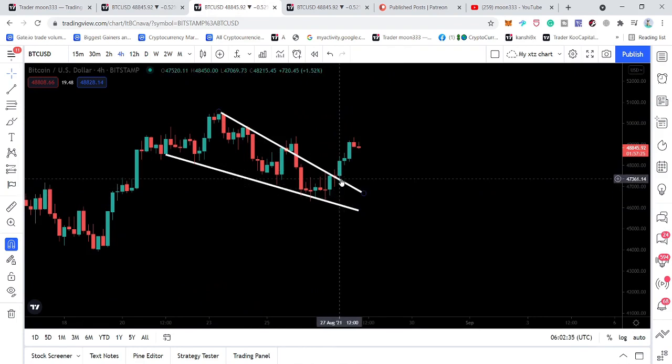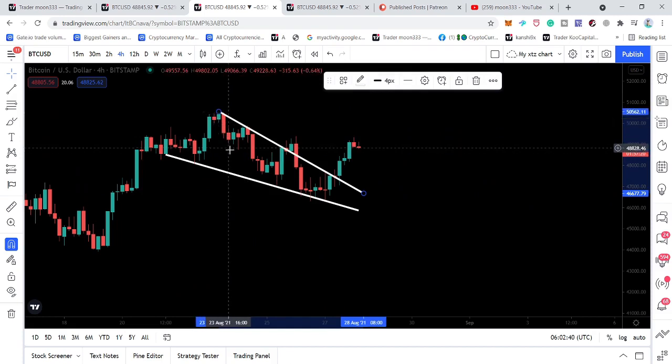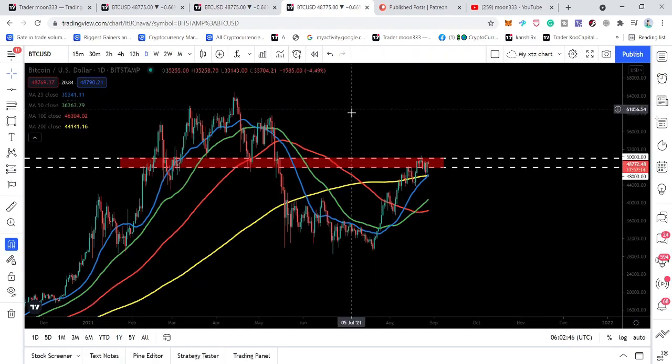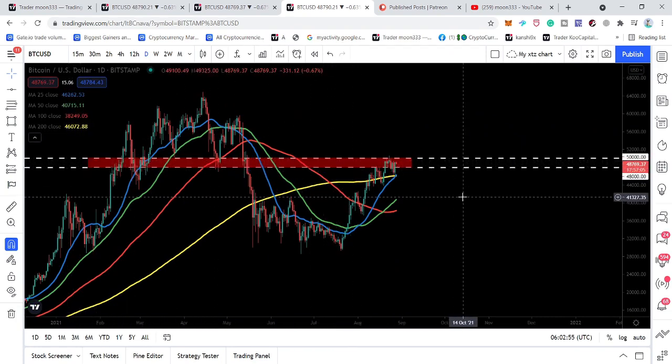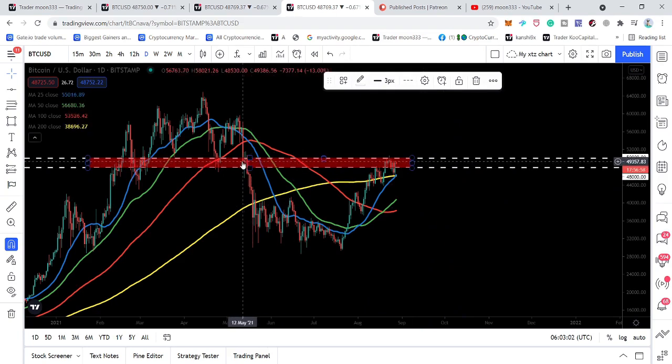of the falling wedge. The technical target of this falling wedge can be the tail of this falling wedge, that is approximately $50,500. But if we take a look at the resistance levels, here we can see that we have a very strong resistance zone starting from $48,000 and going to $50,000, and you can see the price line is entering this zone again and again and getting rejected again and again.